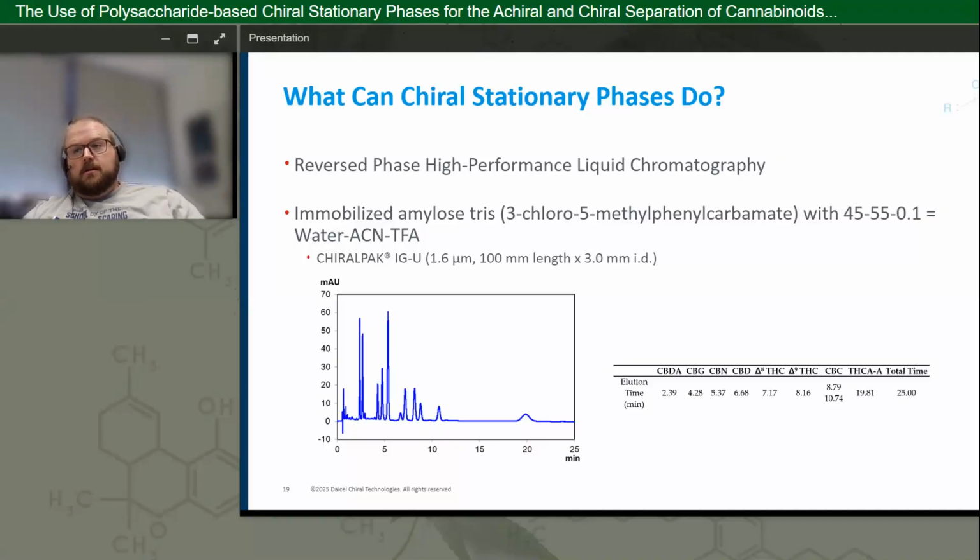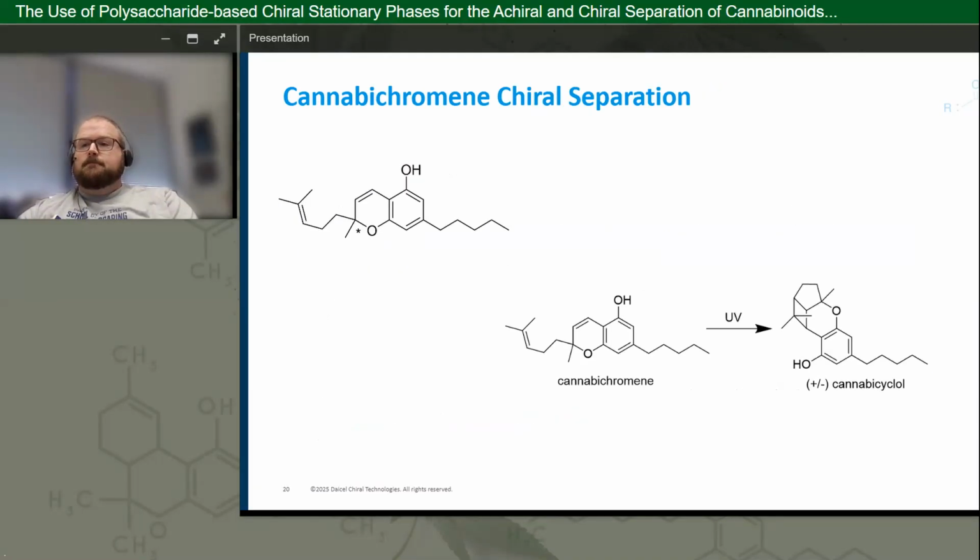Well, CBC exists naturally in the plant as a racemic mixture. It is both the plus and minus alike in most of these samples. So even when the focus was on achiral, we're starting to see, by using these chiral phases, separations of these chiral cannabinoids.